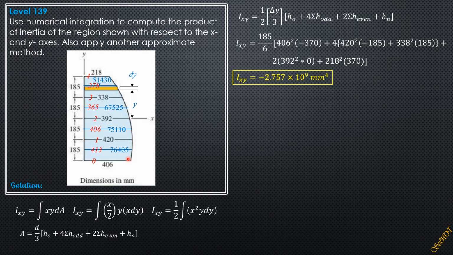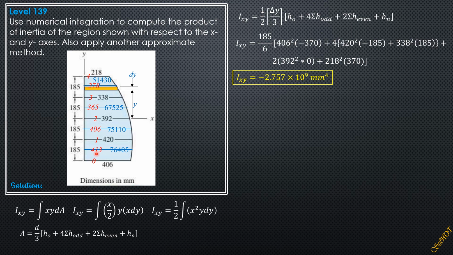Then I'll use Ixy equals I barred xy plus area times x bar times y bar. The I barred xy, or the centroidal product of inertia, is 0 because we treat each as a rectangle, and the centroidal product of inertia of a rectangle is 0. So only the area x bar y bar component will have value. X bar will all be positive, but there are y bar which are negative.